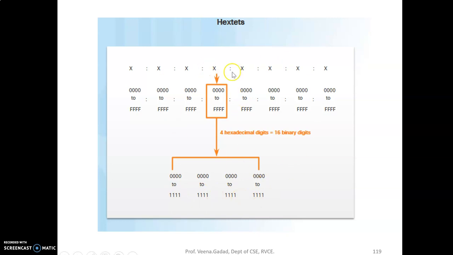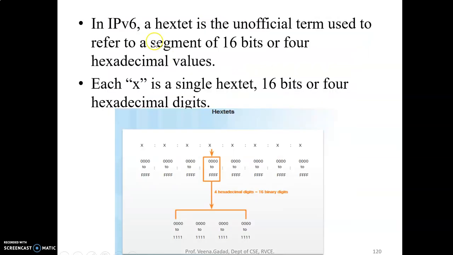You should know this representation for your IPv6 addresses. So in IPv6, a hexet is an unofficial term used to refer to a segment of 16 bits or 4 hexadecimal values, and each of these x is equivalent to 16 binary bits or 4 hexadecimal digits, right?